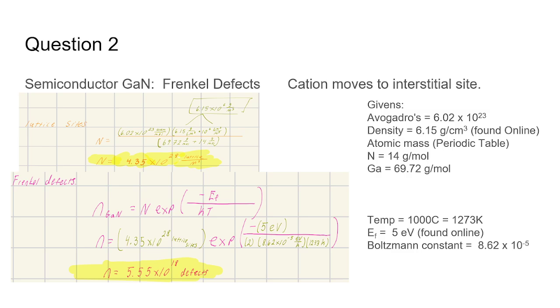Then we plug that into our main formula to find the number of Frenkel defects by doing the number of lattice sites times exp of negative 5 eV divided by 2 times Boltzmann's constant times temperature, and that gives us 5.55 times 10 to the 18 defects.